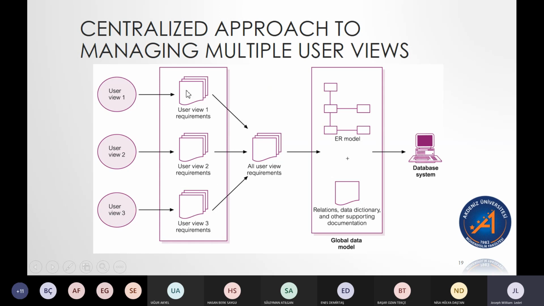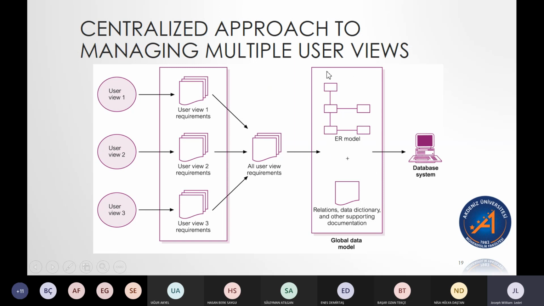So then we take all of these requirements and we put them all together. There might be some overlap between two different types of users of what they require the system to be able to do. Okay? But once we have all the requirements put together into one neat set of requirements, we then use that to map it into a design.